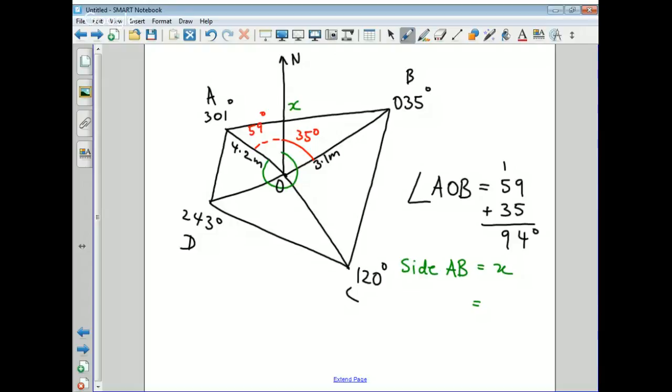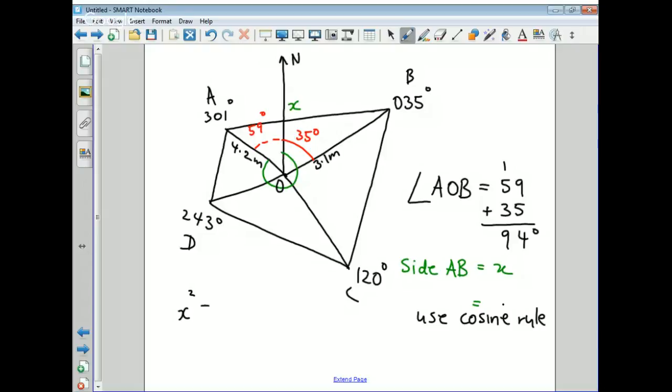So I just put down here, use cosine rule, which is going to be what I'm looking for.